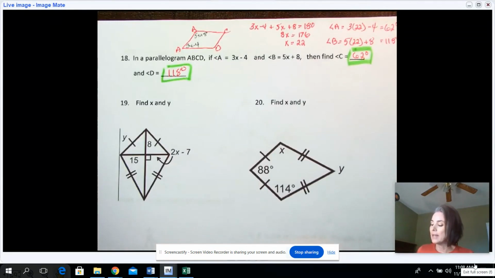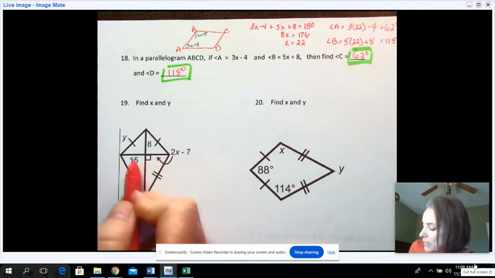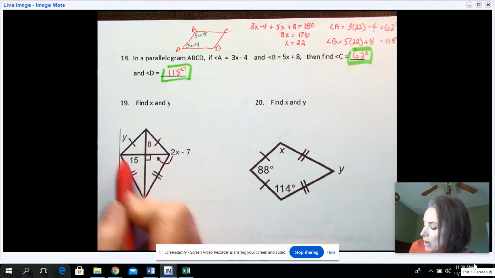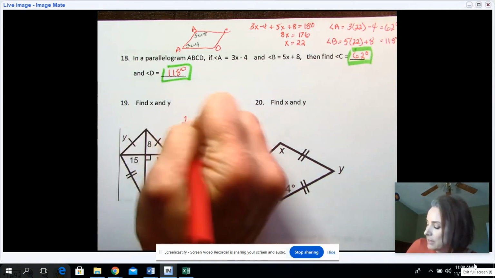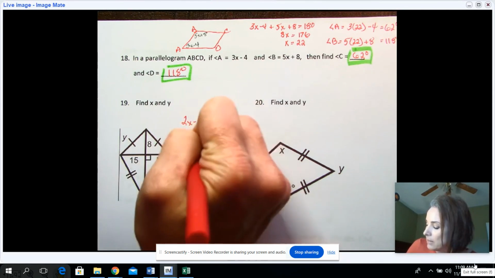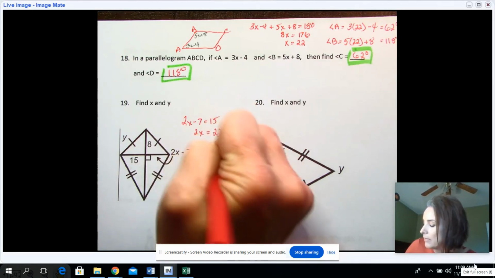Right here, this is a kite. So what do we know? We know that 2x minus 7 equals 15, because if it's a kite, the long diagonal bisects the short diagonal. So 2x equals 22. X equals 11.